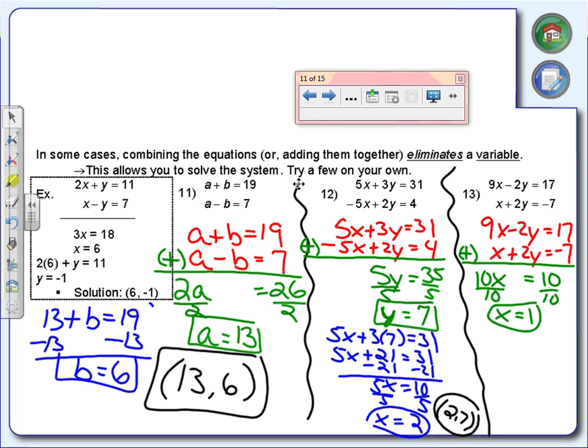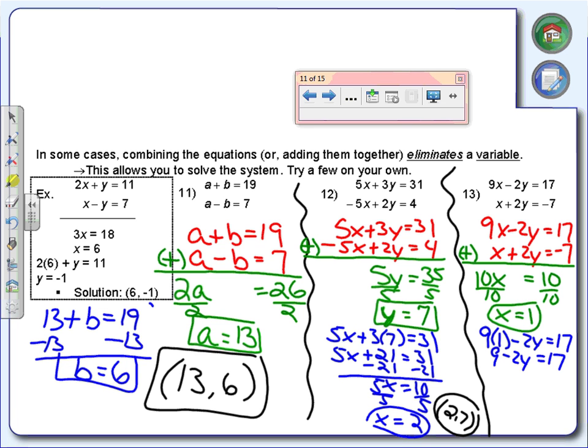So we know what x is, we know it's 1. So we're going to take that 1 and we're going to plug it in for one of those x's. All right, so where are we going to stick it? The first equation or the second equation? Okay, we'll put it in the first one. So we got 9 times 1 minus 2y equals 17. Of course, 9 times 1 is 9. What did you do after that, Mercy?